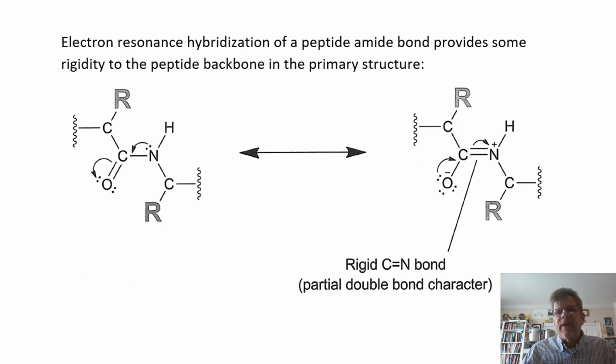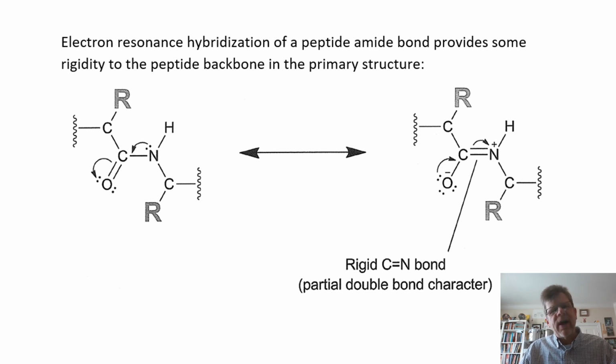Looking at a representative small section of the peptide backbone of a protein over here on the left, perhaps you can see that, the way it's exhibited, this peptide backbone is all single bonds. It's shown as all single bonds. So you might consider that this peptide backbone would be very floppy because, as we know, around single bonds we get free rotation.